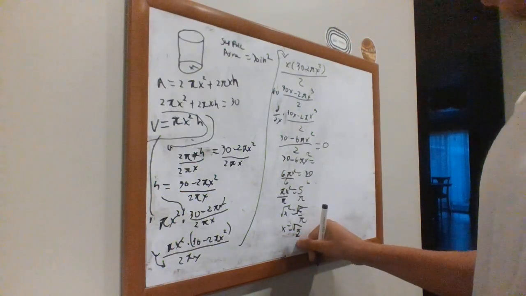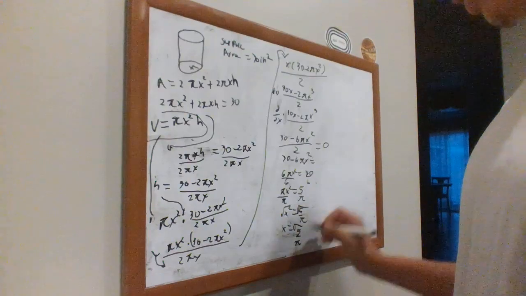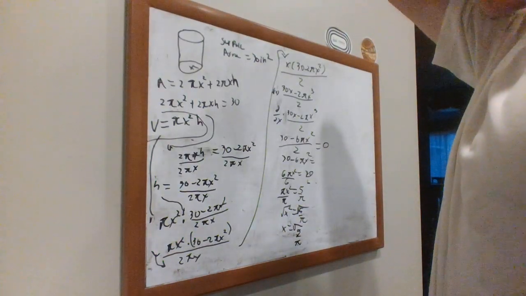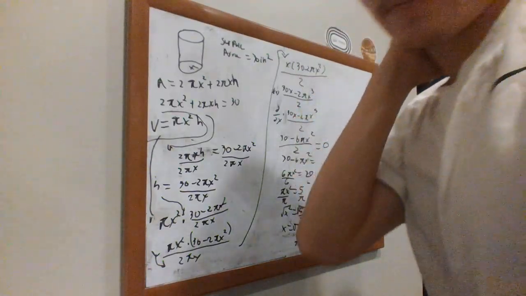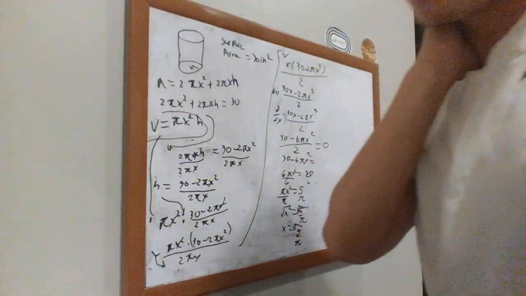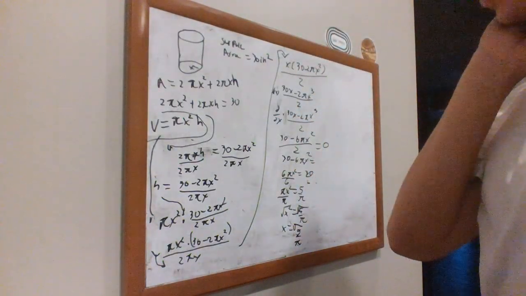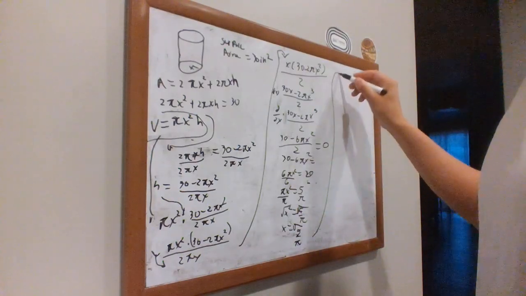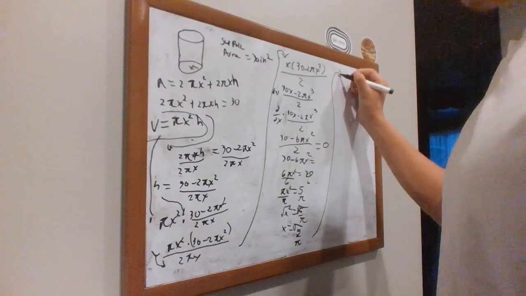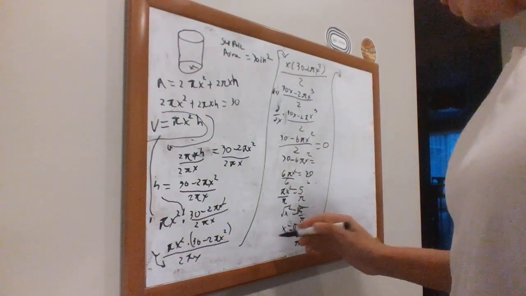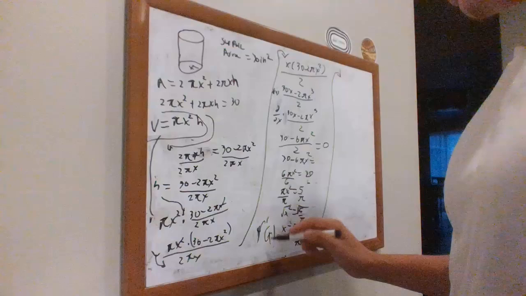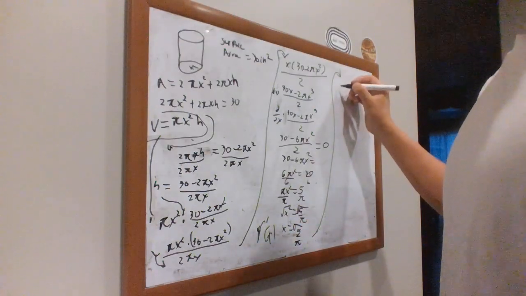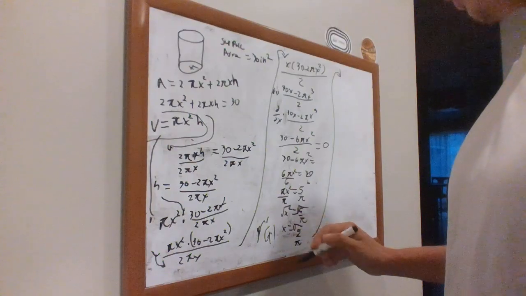Okay, that should be it, but let me double check that it's the right volume, a maximum. We do that by taking the derivative again to see if the second derivative is negative.